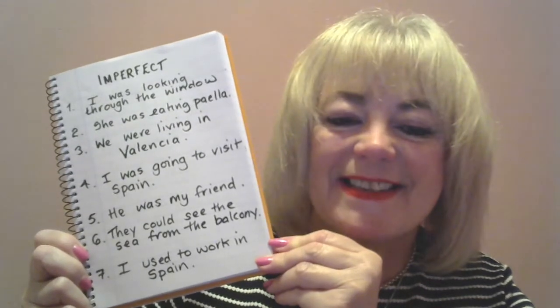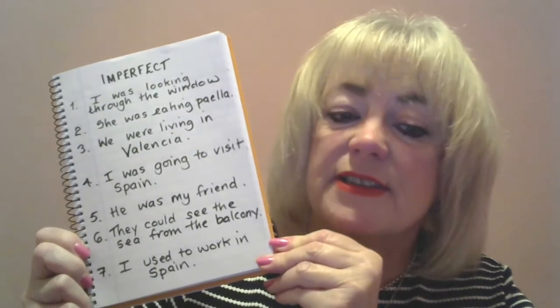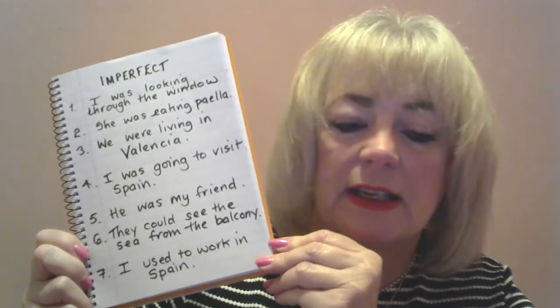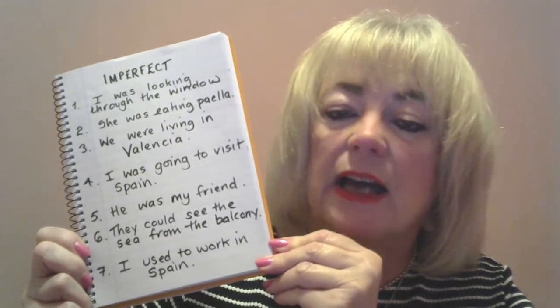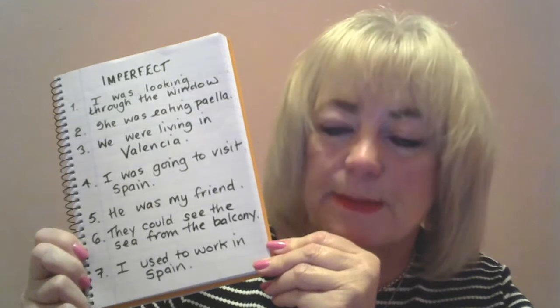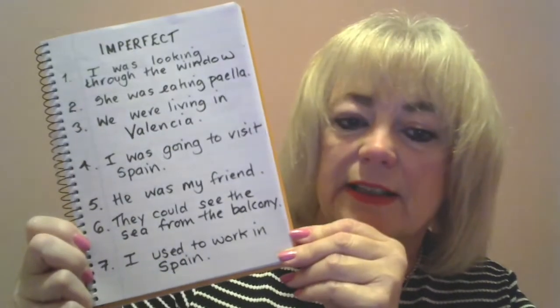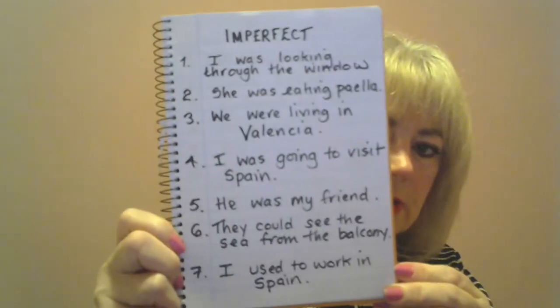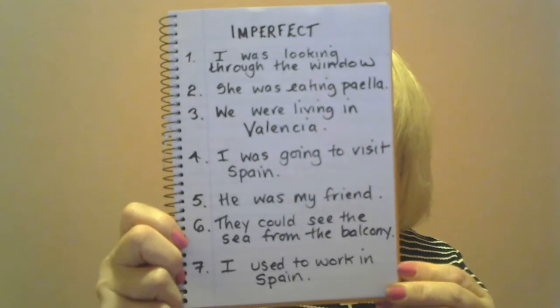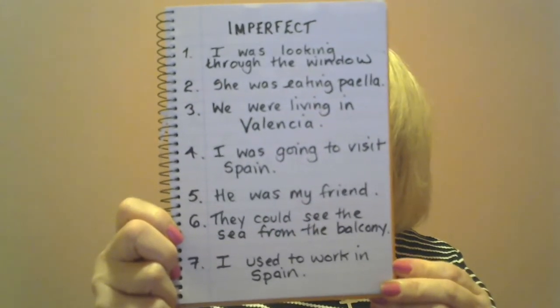Número 6, they could see the sea from the balcony. And número 7, I used to work in Spain. Okay, those are your English sentences. I'll hold that up if you want to freeze the video now. And then in a moment, I will be reading the Spanish.